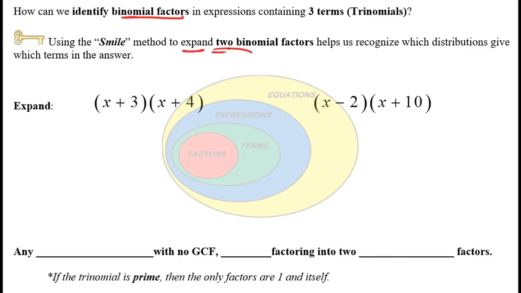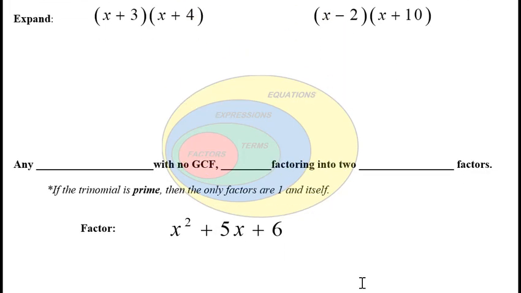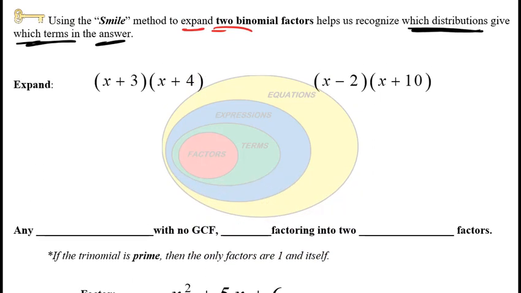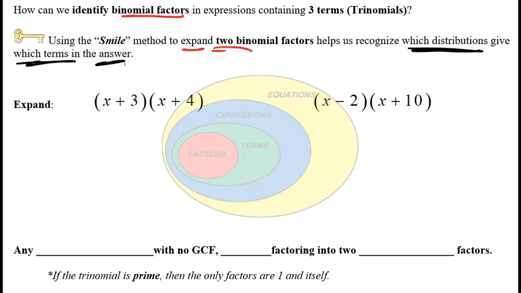So remember we did this with the SMILE method, and the reason why is we want to know which distributions give which terms in the answer. So when we multiplied using the SMILE method, we did the first terms, and that gave us the first term in our answer, which is x squared.